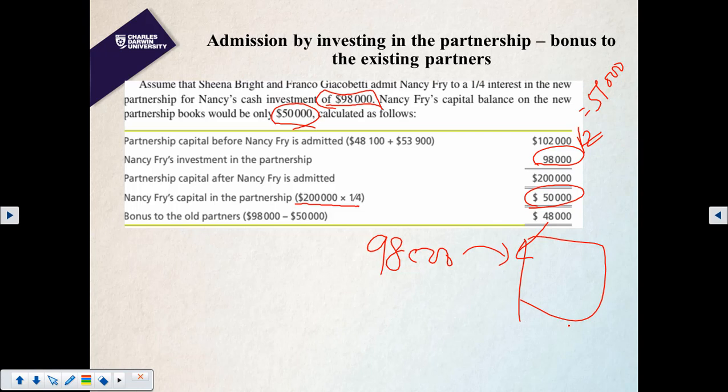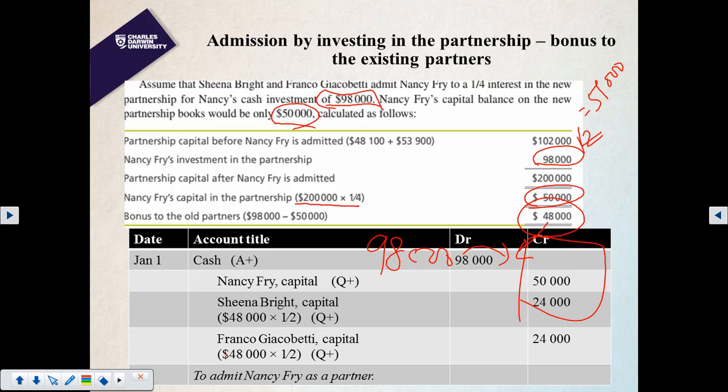One new partner is coming, he is contributing $98,000, but he is getting a capital of $50,000. The question is, where is this additional 48,000 going? The 48,000 is going to the existing partners who established this business. It is their hard work's reward. Okay.